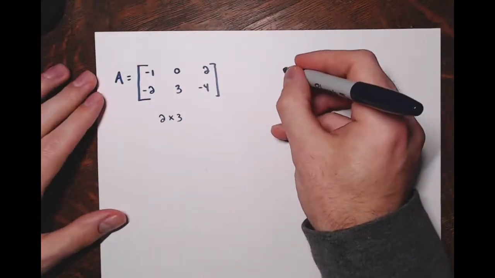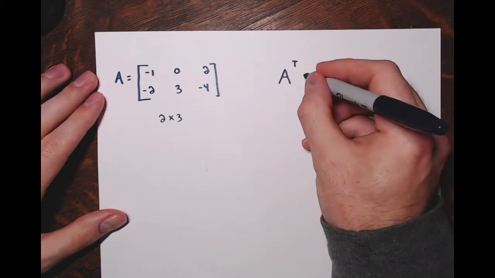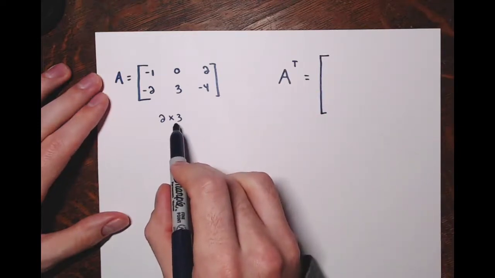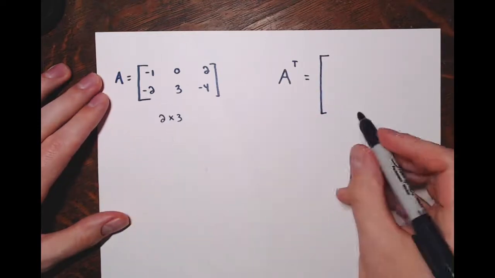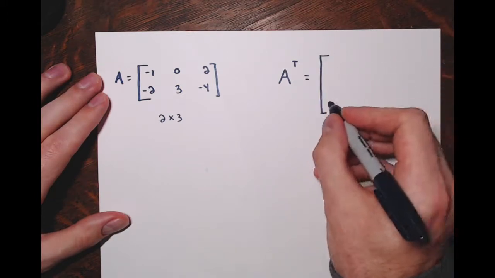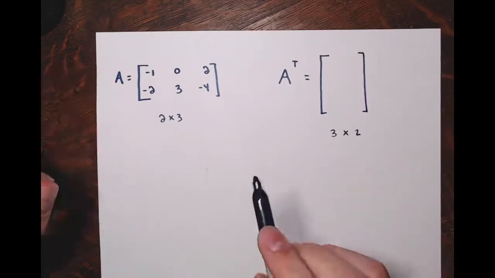And I want to write A transpose, so A with this T above it. Now, if A is a 2 by 3, A transpose is going to be a 3 by 2. 3 rows, 2 columns. And it goes like this.